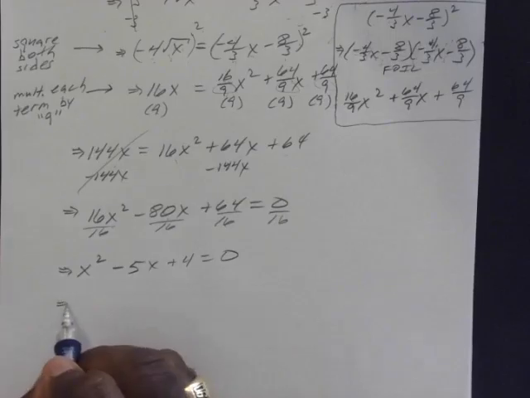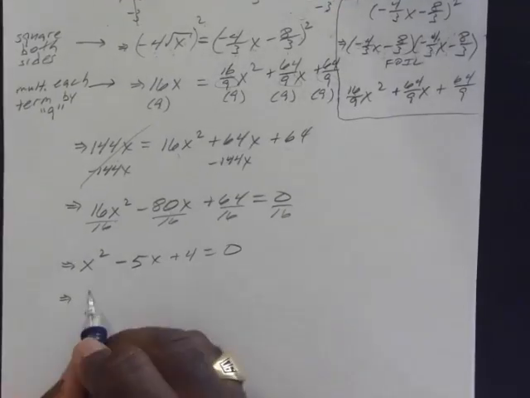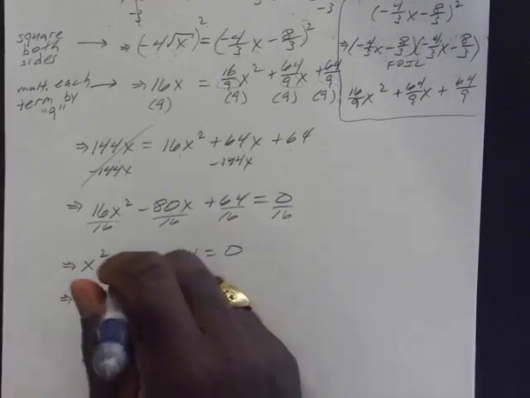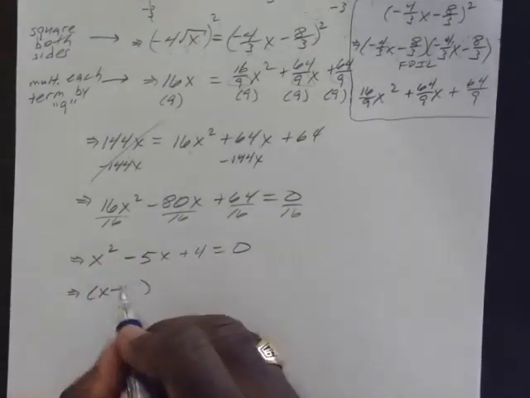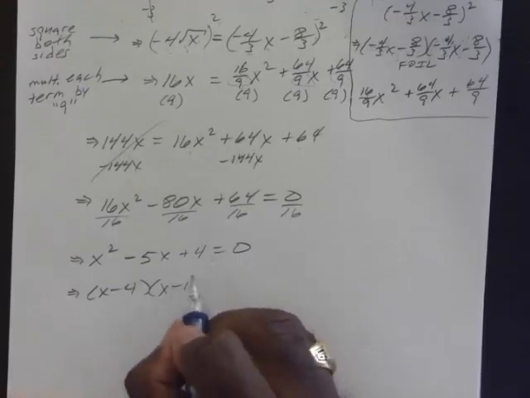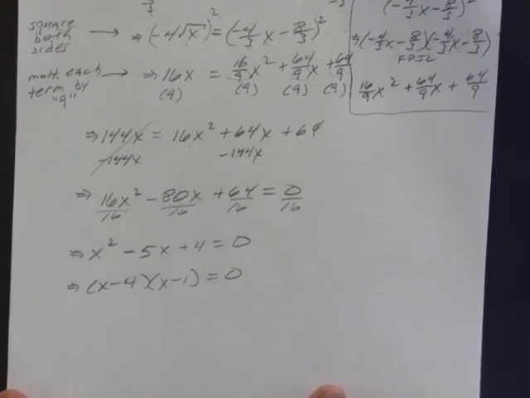Okay. So all we have to do is factor and solve this. So we have x minus 5, not x minus 5, x minus 4 times x minus 1 equals 0.